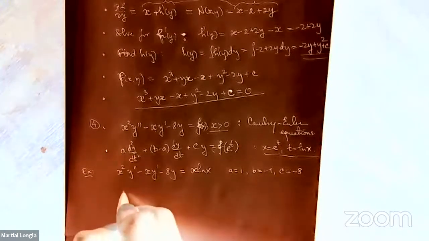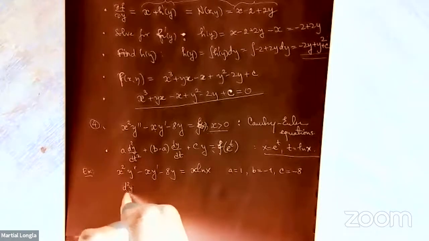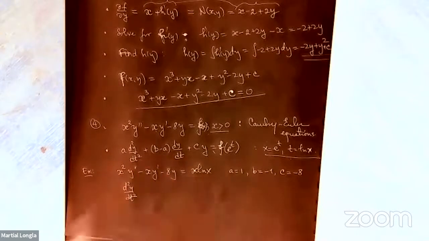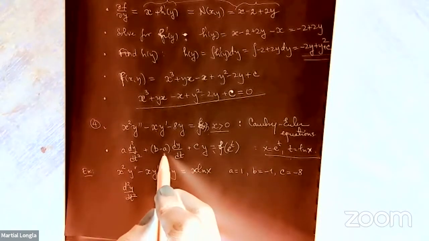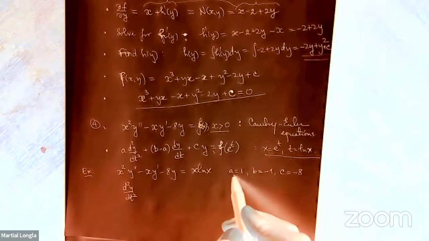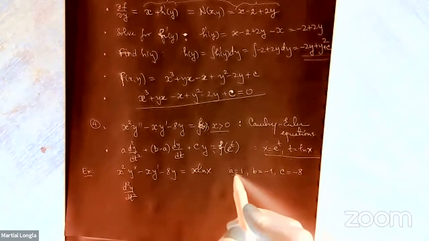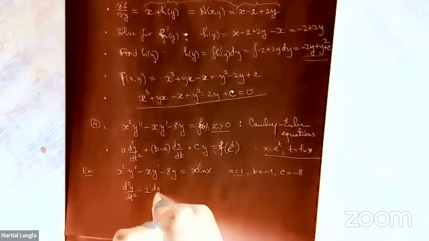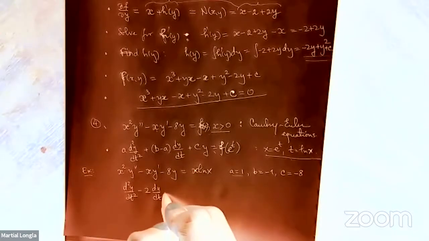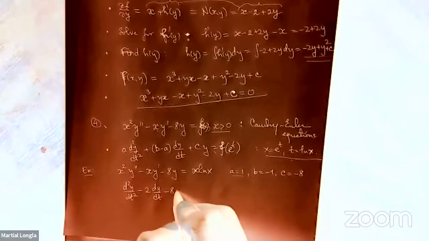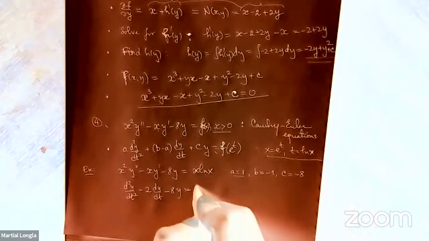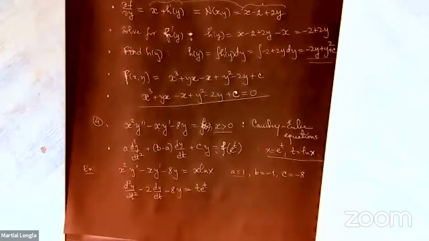A is 1, so that is d2y over dt squared, -1 for b, -1 for a, so that's -1 minus 1, so -2 dy over dt minus 8y equals x, which is e to the t, natural log of x is t, so that's t e to the t.